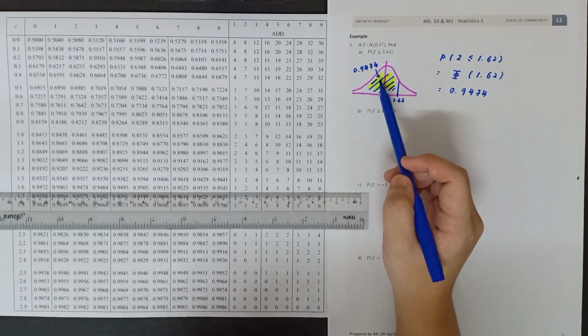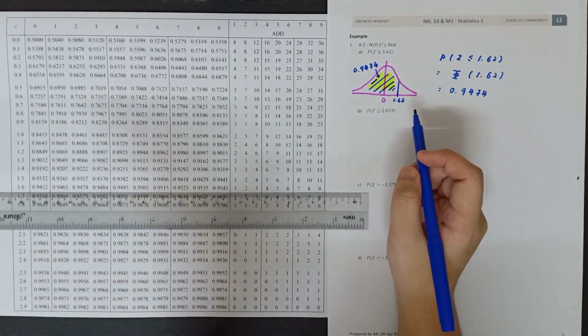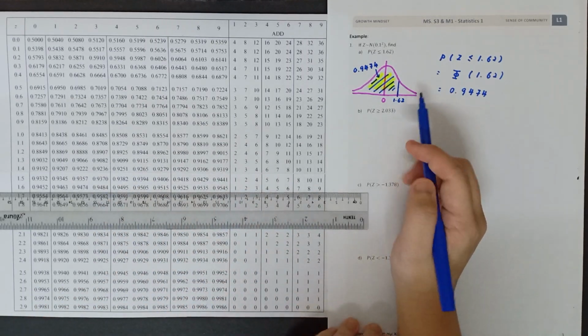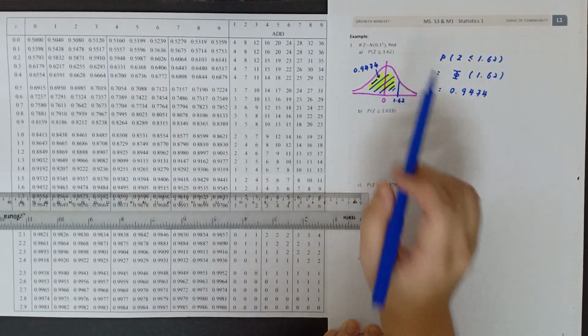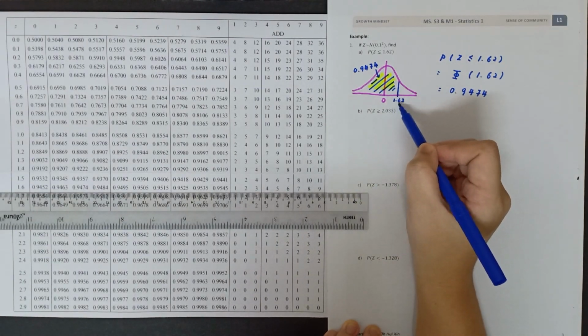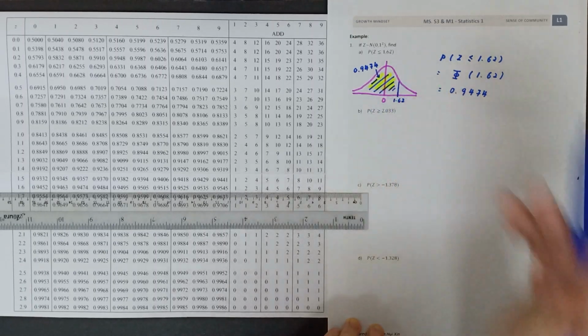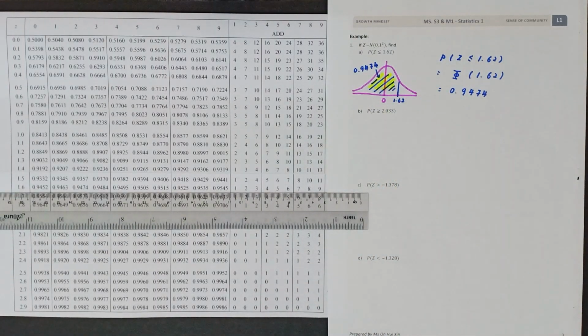Is that okay? I repeat again. For a normal distribution which is standard, which has a mean of 0 and variance 1, the probability for you to get a random variable that is smaller or equal to 1.62 is 0.9474. Okay, that is what it means.